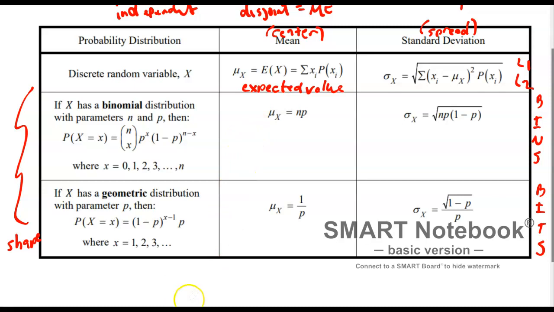All right. Go back to red. All right. So this would be n number of trials. I don't know, let's say 5. And what is the number of successes we're looking for? Okay, P would be the probability. So I don't know, let's say 0.2 for the heck of it.